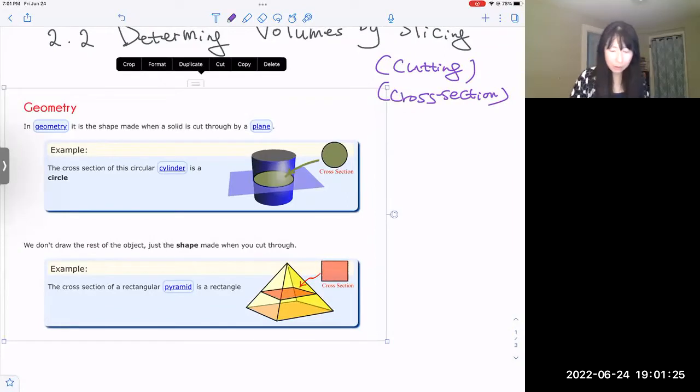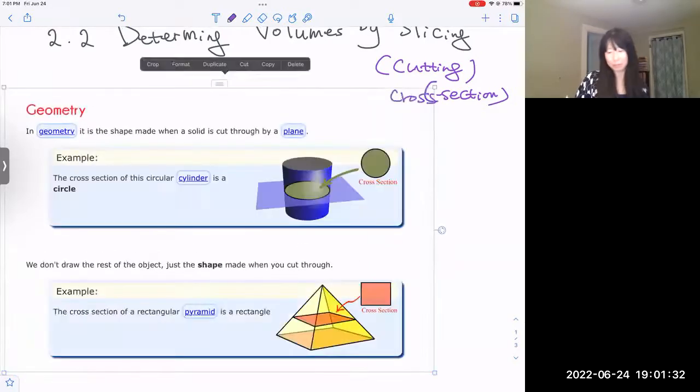Then can you see that we're cutting? Then we get the circle there, right? And we have a pyramid. Then look, we have the square there, right? Can you see that? Oh, they said the rectangle.